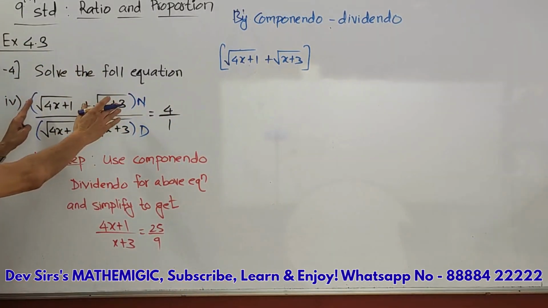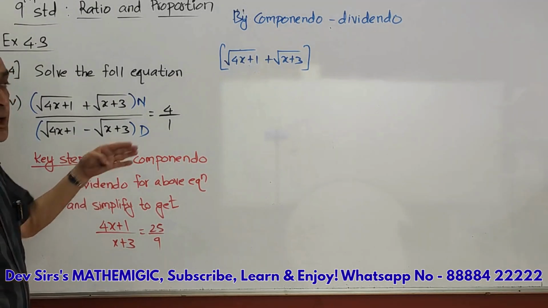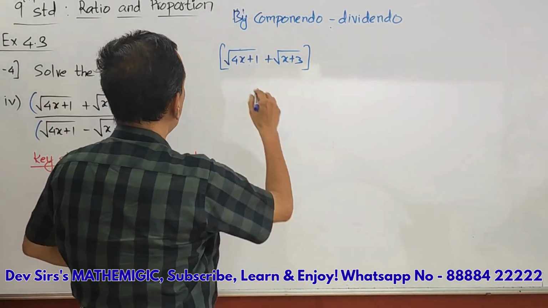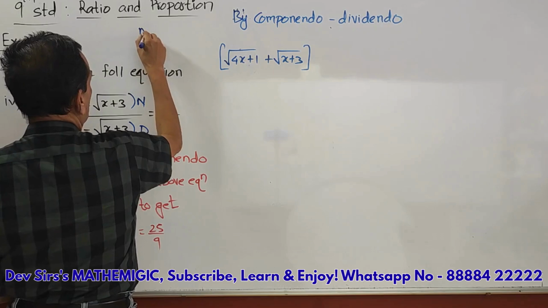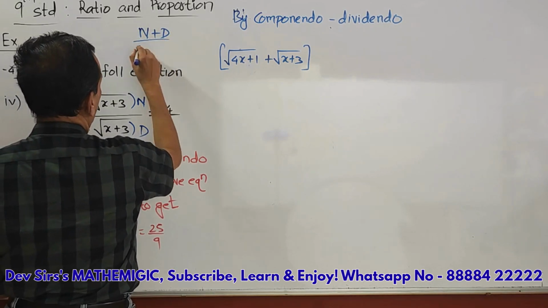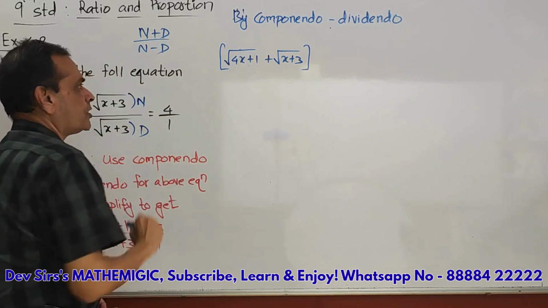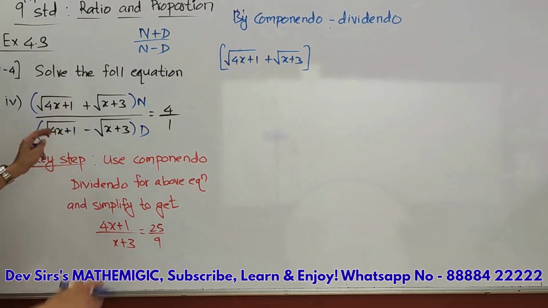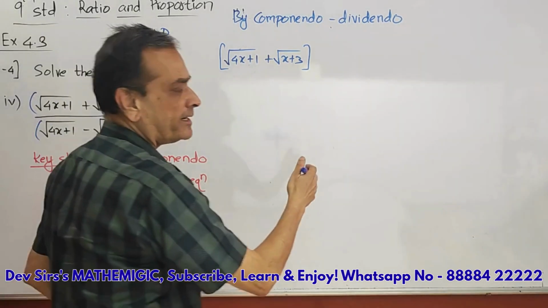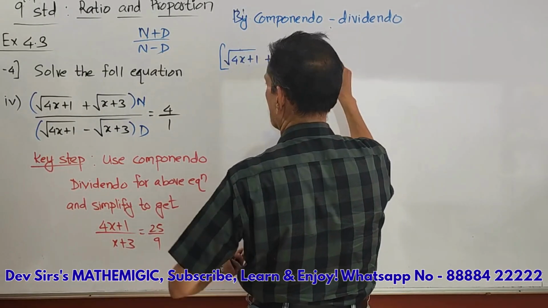This is numerator, full numerator plus denominator. Componendo dividendo, I told you, I am writing it here: numerator plus denominator upon numerator minus denominator. So this is numerator plus denominator. Take it above.